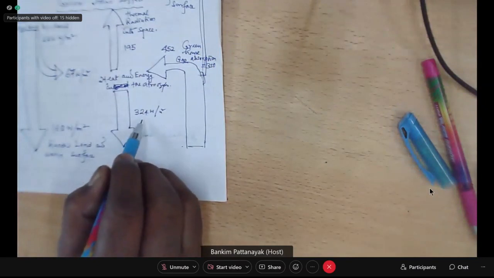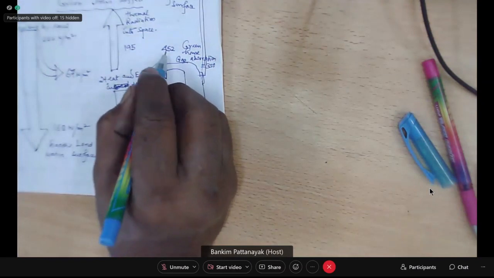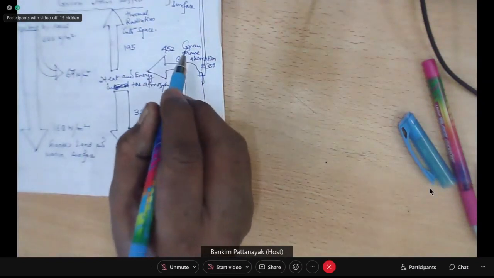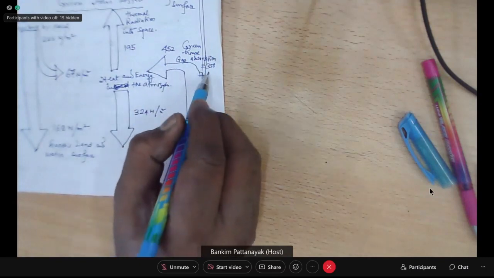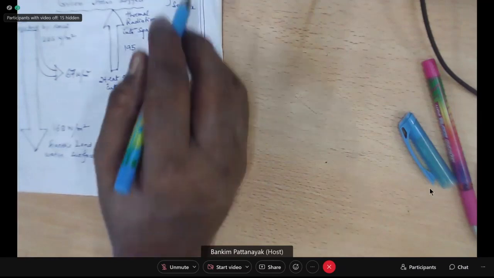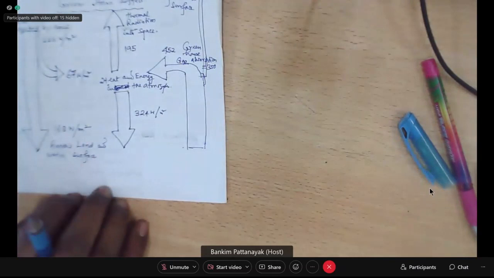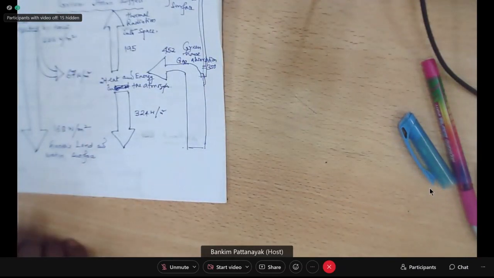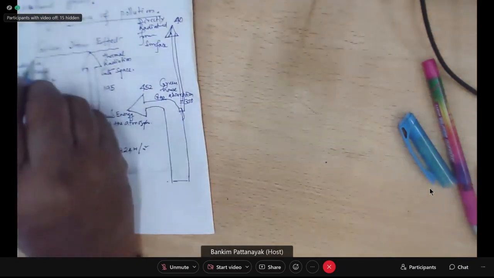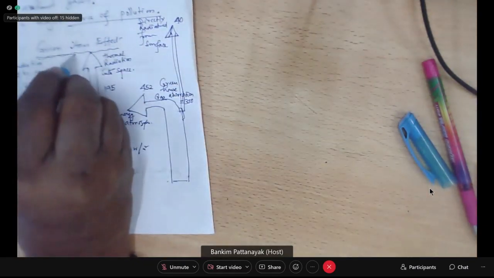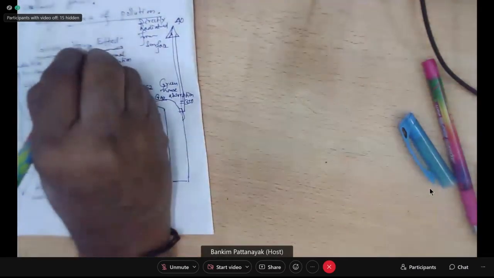Now, this 324 plus 168, ultimately it is becoming 452. Greenhouse gas absorption is 350, and into the space is 40. So this is the energy balance, or energy picture, which actually gives rise to the greenhouse effect.